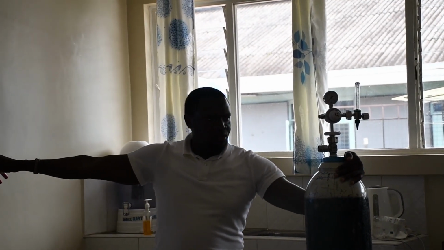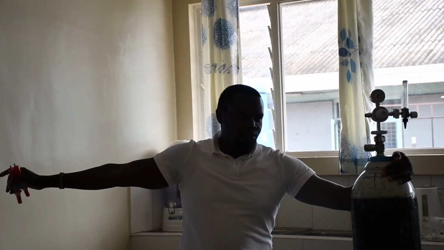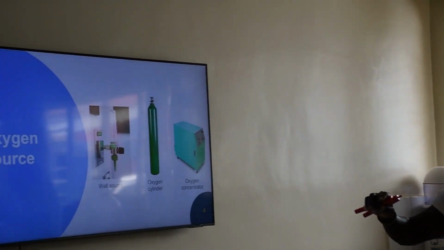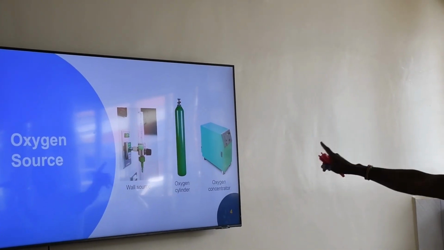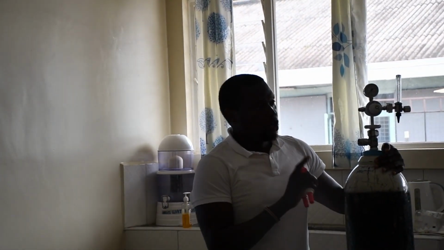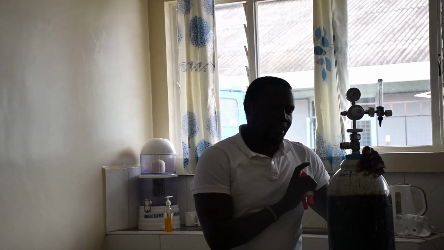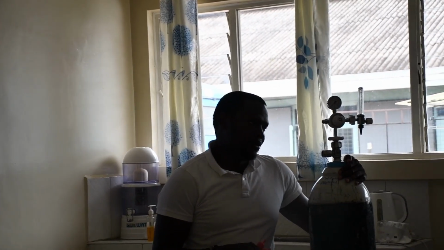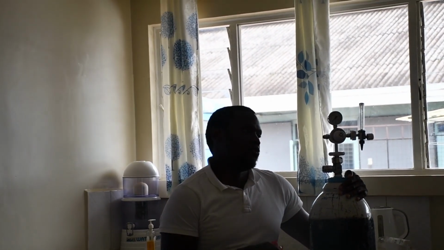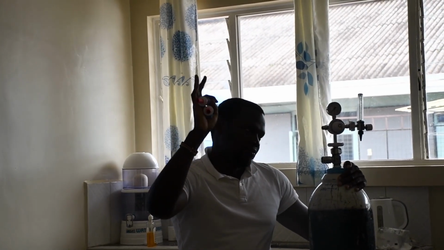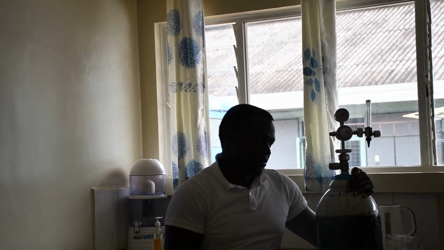Do you have wall sources in your units? And we have the oxygen cylinder that we're going to use. Do you have concentrators? The wall source and the oxygen cylinders work best, because for this system to function well, it needs a pressure of 50 psi and above. At those pressures, it functions best.